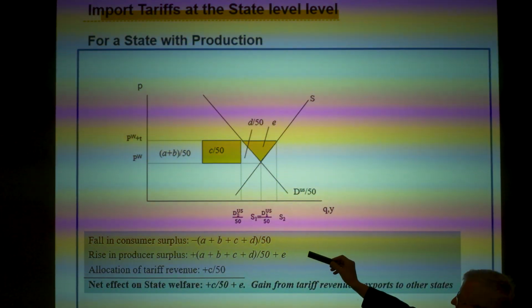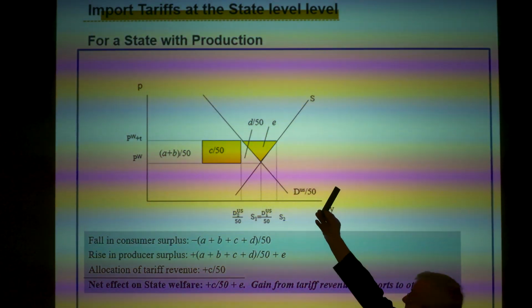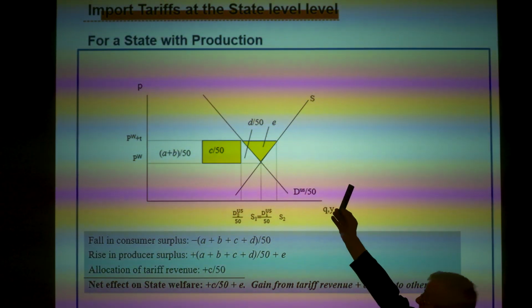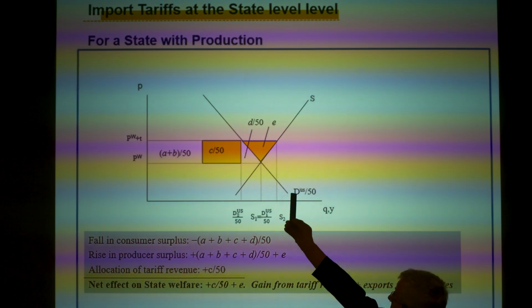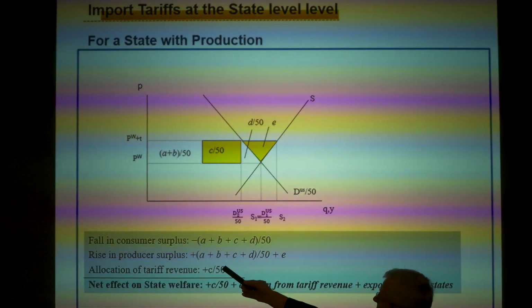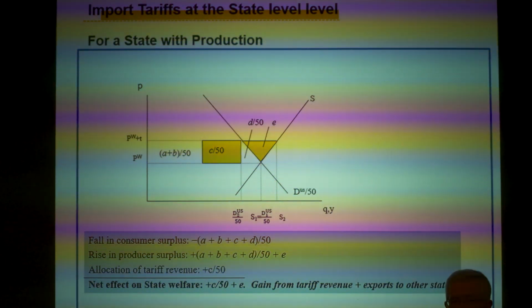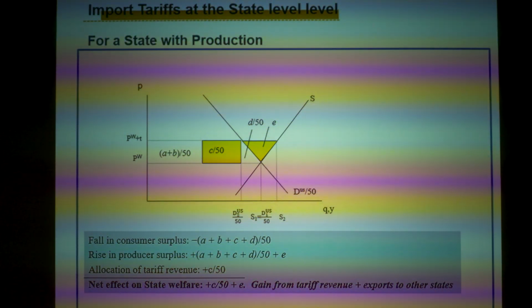But now you've got a big rise in producer surplus. It's the whole area to the left of the supply curve, right? That whole area sliced in between the two prices to the left of the supply curve, A plus B plus C plus D over 50, plus this area E.